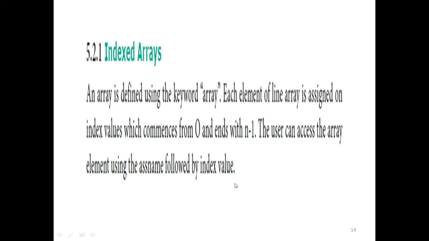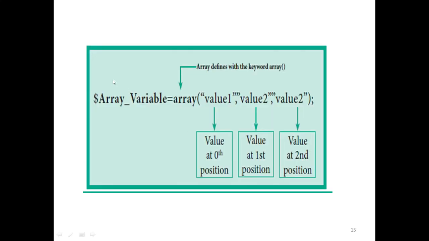We simply call it an indexed array. Index means a number, very simply. And then for the example syntax: it starts with 0, first person, second person, the array variable, indexed array, the keyword array, value 1, value 2, like this. For example, you refer to your book.